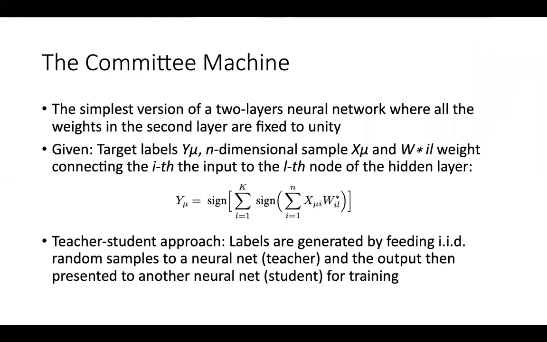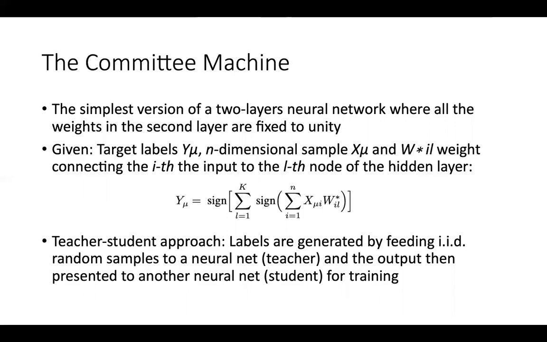Which brings us to another example, the committee machine. This terminology corresponds to the 1980s and early 90s, when researchers in the physics community, working at the intersection of neural nets and physics, were looking at a certain type of ensemble methods.